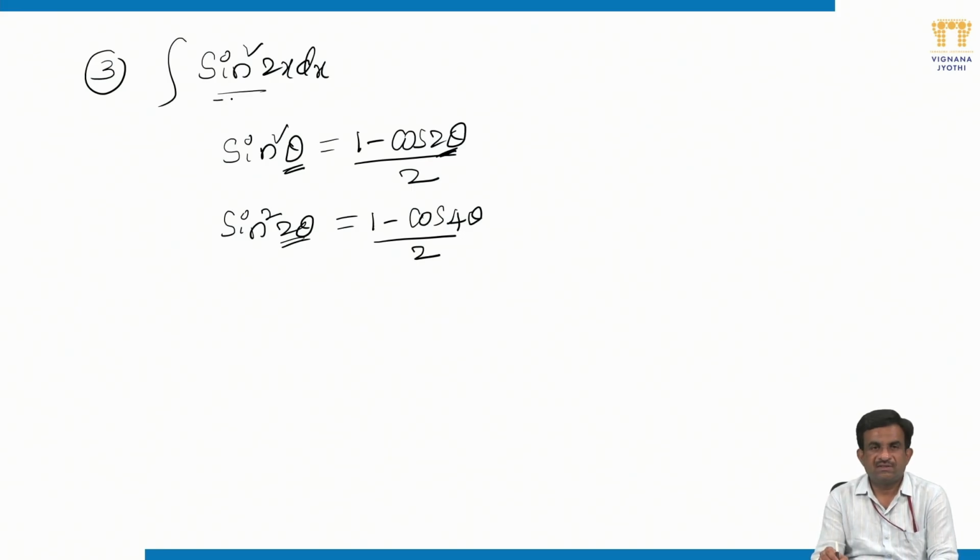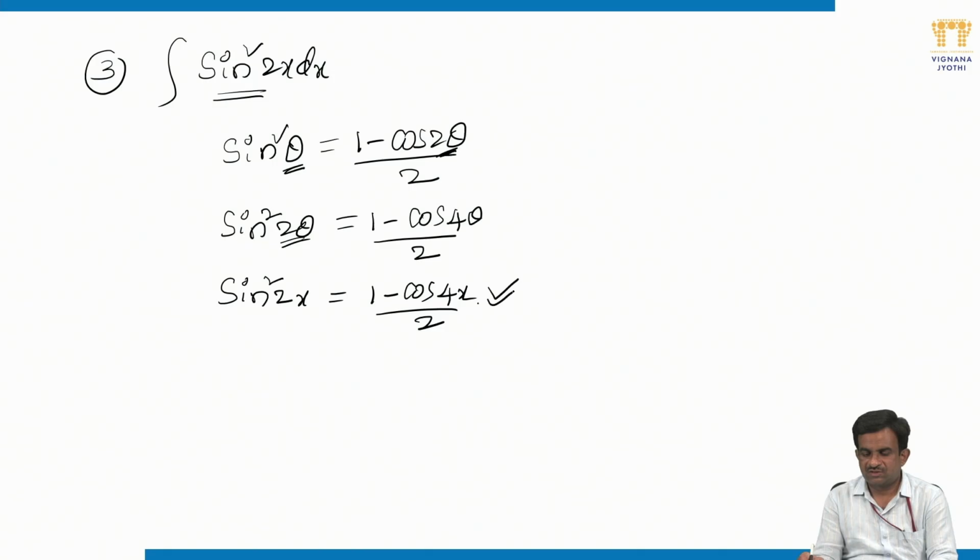So here he has given sine square 2x. If you use theta as x, you can write sine square 2x as 1 minus cos 4x by 2. So let us use this in the given integral. Therefore, integration of sine square 2x dx we can write as integration of 1 minus cos 4x divided by 2 into dx.